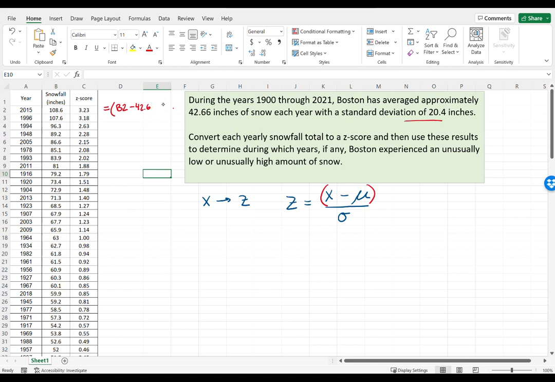Okay, so what do we see? We see there are definitely some years where Boston received an unusually high amount of snowfall. It looks like 7 years have snowfalls that have z-scores larger than 2. So 2.02, that would be the first unusually high amount of snow, and that happened in 1993.